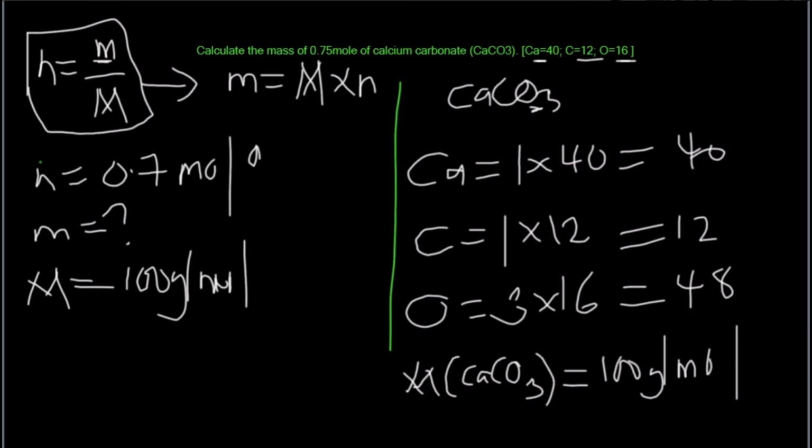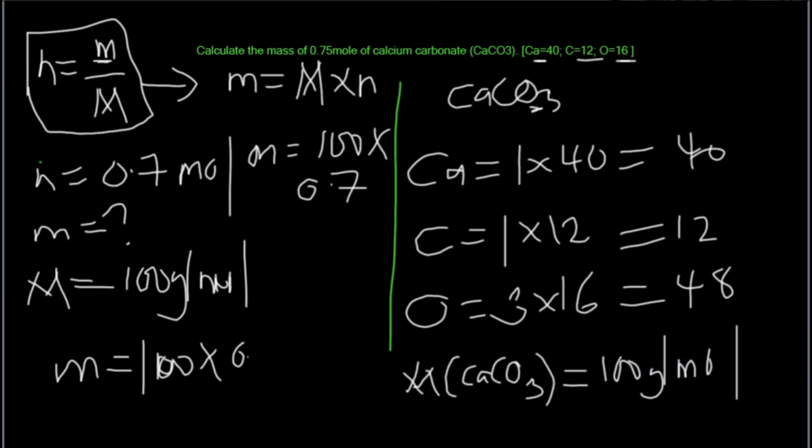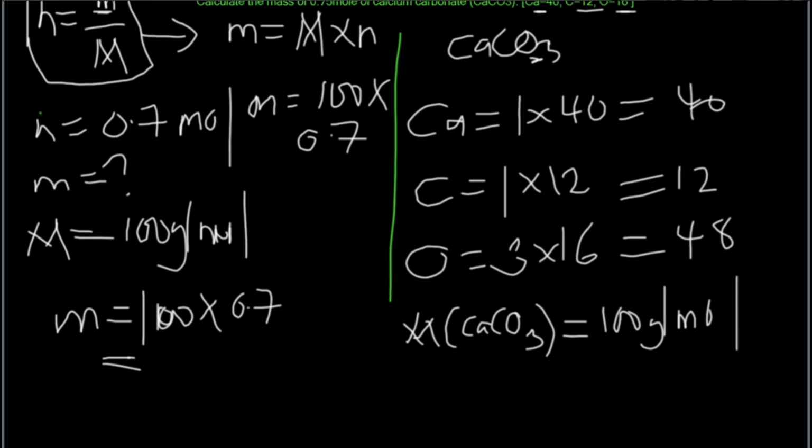So capital M, the molar mass, is 100 times 0.7, not 6.7, but rather 0.7. 100 times 0.7 will give you 70 grams, which is the mass.